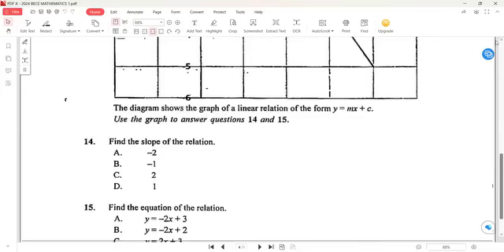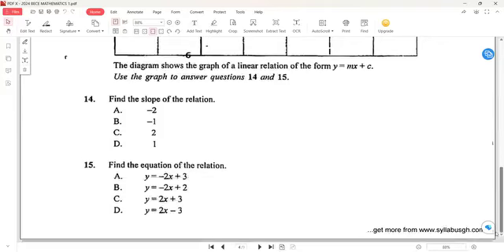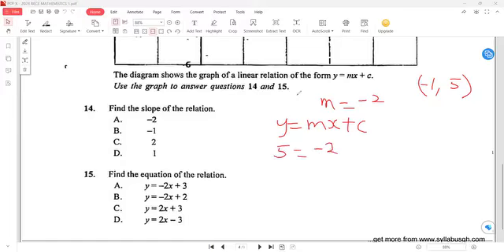But to find the equation of the line. So to find the equation, we have our gradient to be -2. So if our gradient M is -2, and we are using y equals mx plus c, I can decide on using 1 point, which is negative 1, 5. It's one of the points with a gradient of negative 2. So y is 5, negative 2 for m, negative 1 for x. I use that to determine my c.